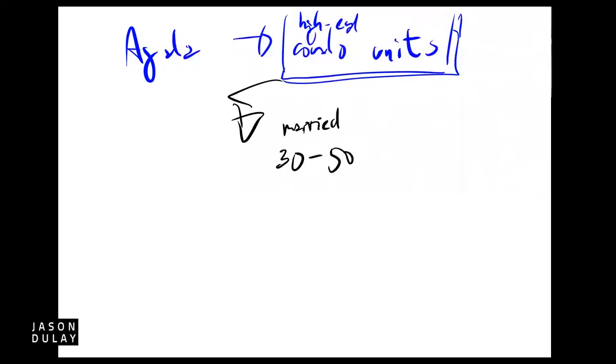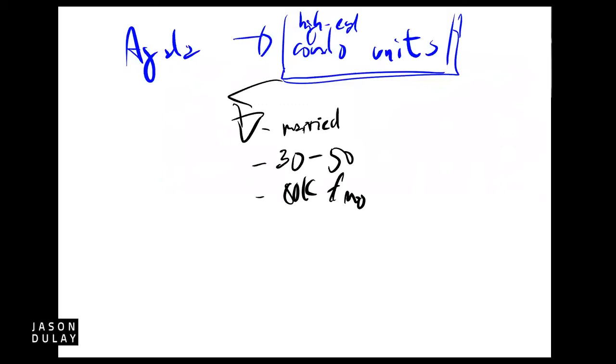I'm just coming up with random demographics here, but if you're a researcher, you have to actually study this. But let's say married, ages 30 to 50, who are earning at least, let's say, 80,000 pesos per month. Okay, let's say they're in this area. So married, age 30 to 50, earning 80,000 pesos per month.